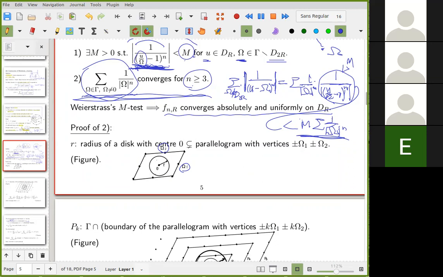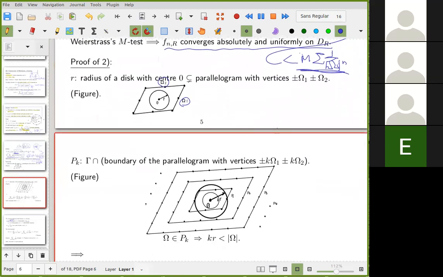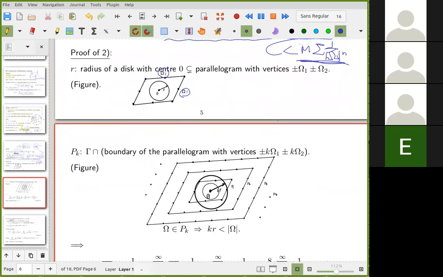We can draw a circle inside this parallelogram. Then, if we multiply everything k times, we have some parallelogram with many lattice points as vertices.